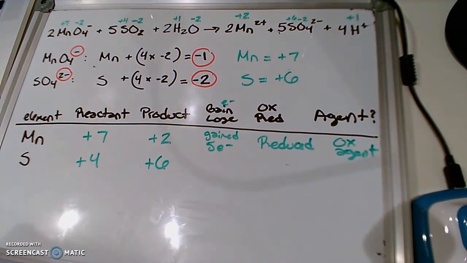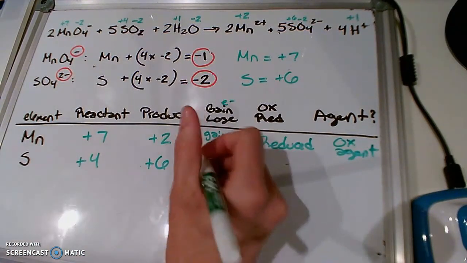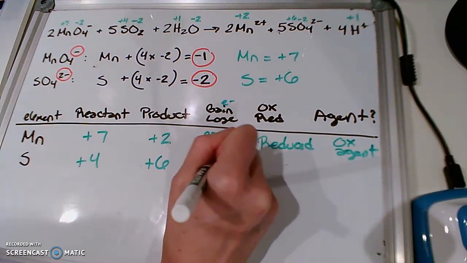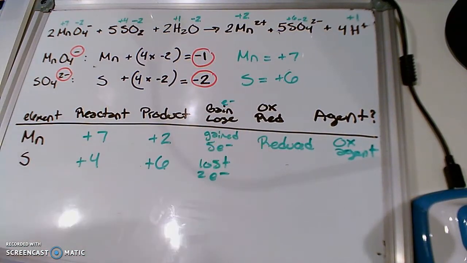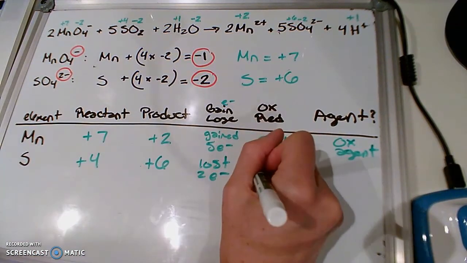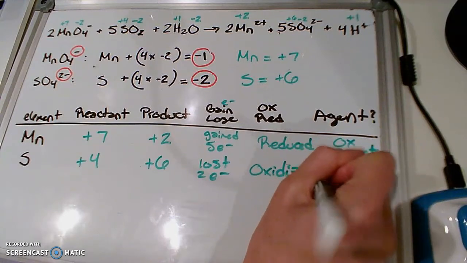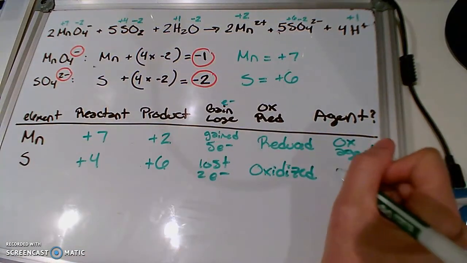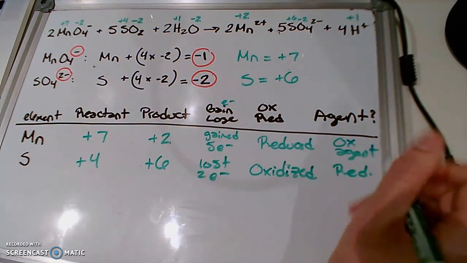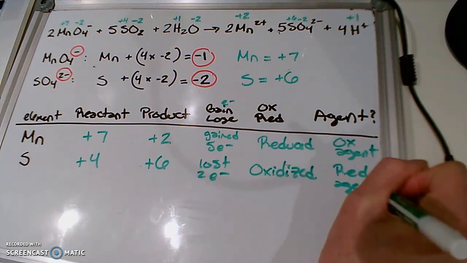This means that sulfur lost 2 electrons. Again, LEO says GER tells us that losing electrons is oxidation. So sulfur was oxidized, which means that it was the reducing agent.